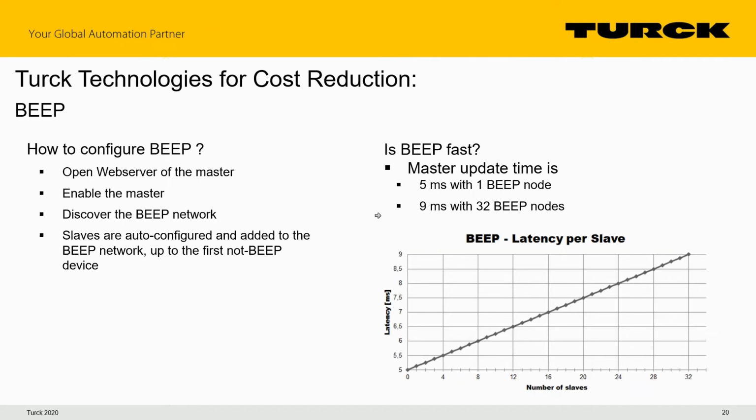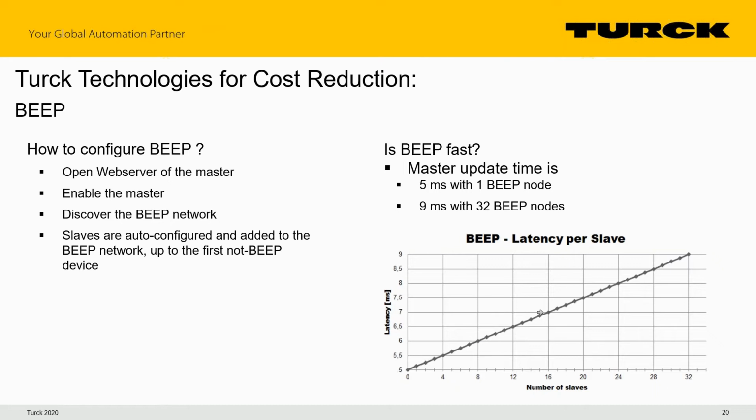Cycle time is always a discussion when we talk about BEEP, and the cycle time is really not too bad here. So if we have a master with 1 slave, we're looking at 5 milliseconds for the master to get updated data from that slave.